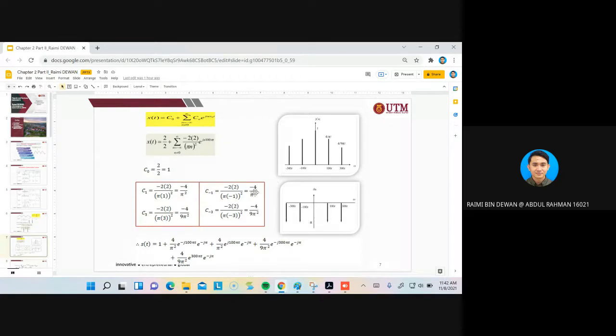Just like I told you, usually the amplitude spectrum is always positive. So we need to convert this negative 4 over pi square into a positive number. Otherwise, our equation will be like this, 1 minus 4 over pi square and so on.